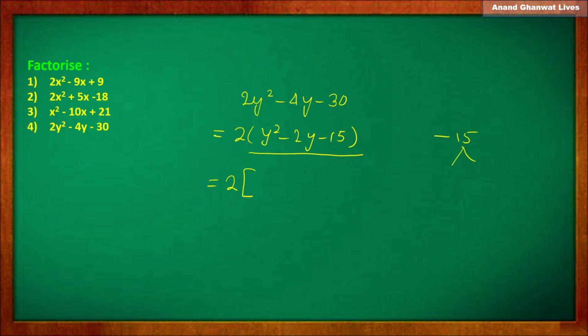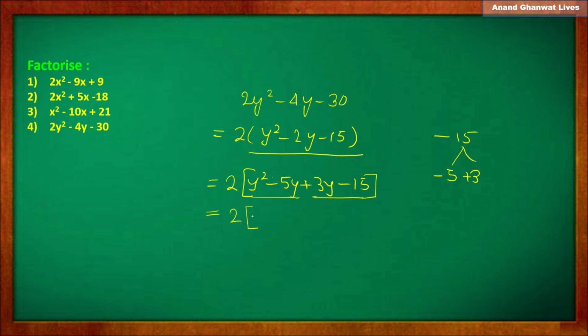So it is 5 and 3. So negative sign to the 5 and positive sign to the 3. So y square minus 5y plus 3y and minus 15, 2 into bracket. Now take common from first and second and third and fourth term.